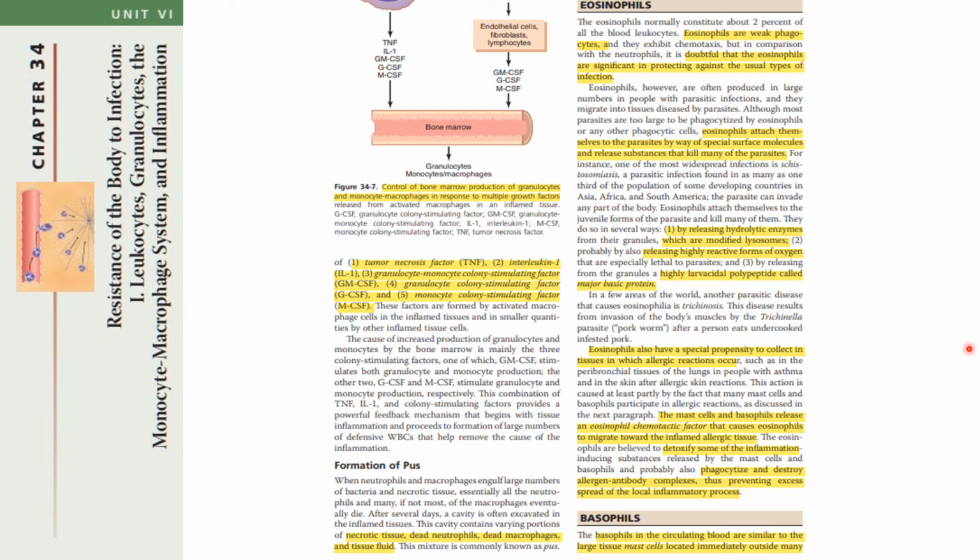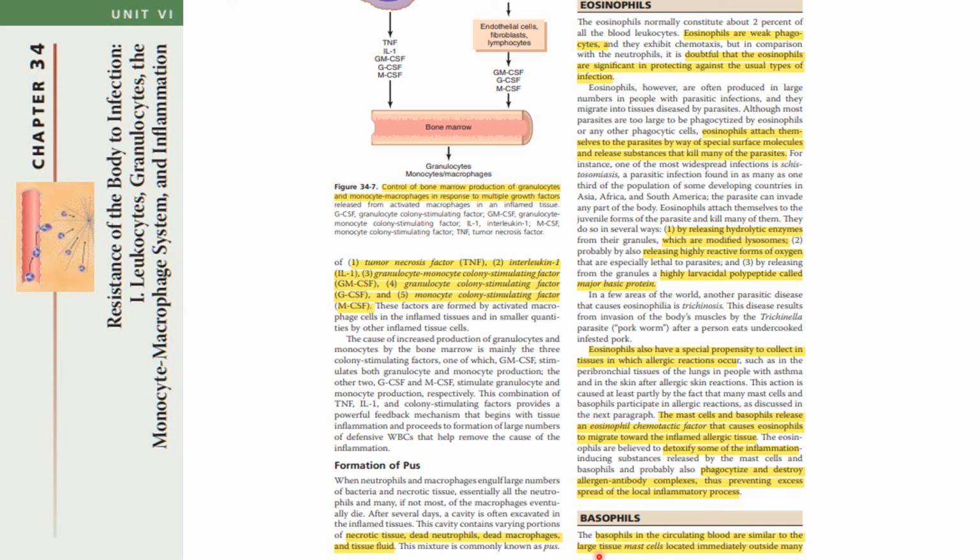Eosinophils attach themselves to the juvenile forms of parasites and kill many of them in several ways. Number one is by releasing hydrolytic enzymes from their granules, which are modified lysosomes. They probably also release highly reactive forms of oxygen that are especially lethal to parasites, and release from the granules a highly larvicidal polypeptide called major basic protein.